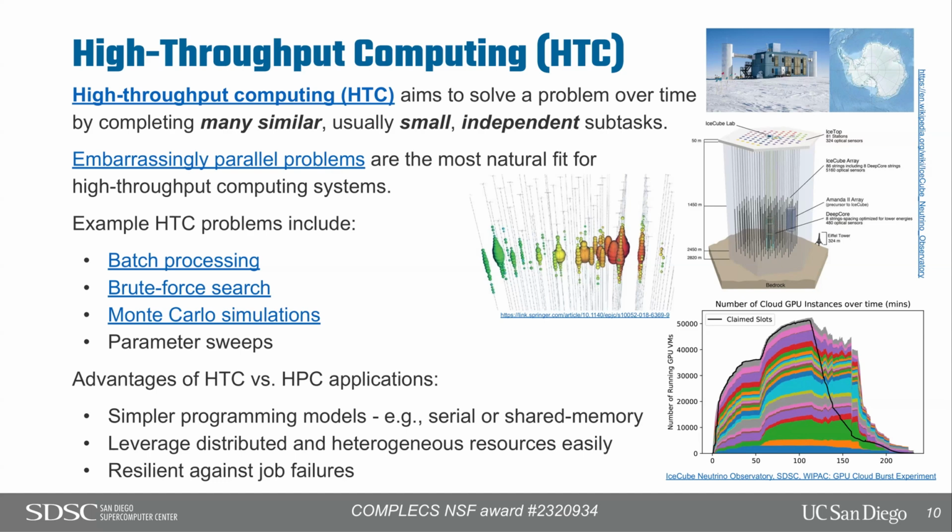They were able to use 50,000 GPUs for a couple days because this problem was so highly embarrassingly parallel. They can just run on all types of GPUs all across the world. It doesn't matter. There's no intercommunication between each individual job that would run, right? And so this is a very large scale, high throughput computing problem.